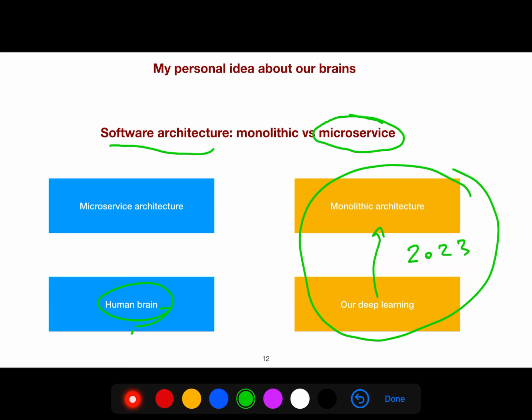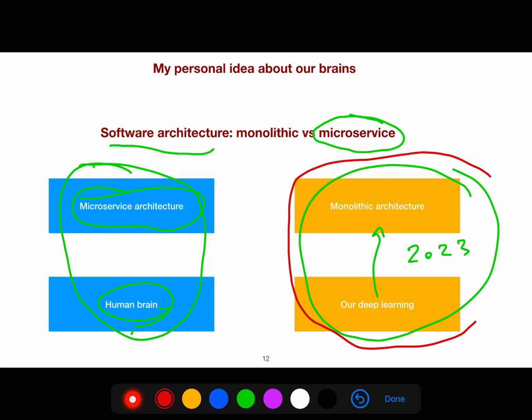It focuses on the specific task and uses different parts of the brain, not all of the 100 billion neurons of your brain. So it's like microservice architecture. Our brain is like microservice architecture, but the deep learning that the machine learning community develops is like monolithic architecture.